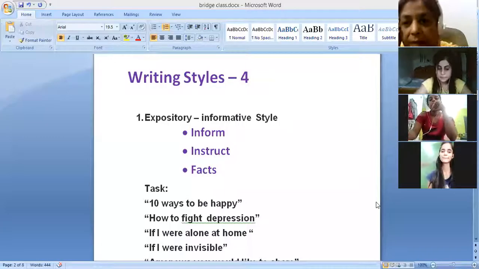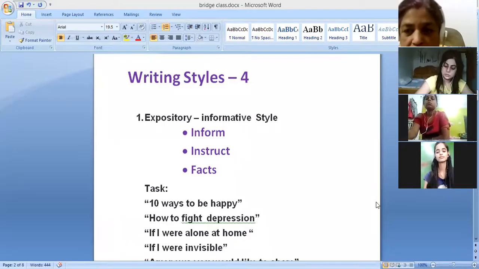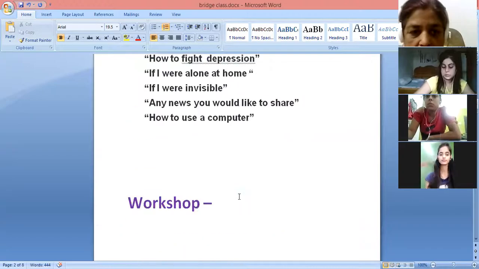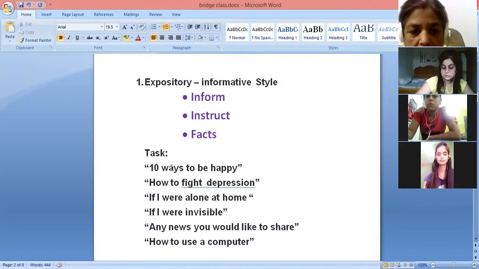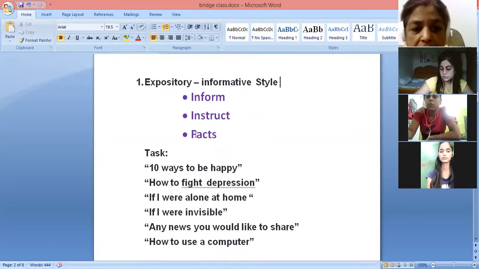So the expository style is a style wherein when you want to inform something, you will use this informative style. When you want to instruct someone, when you have to give instructions, you inform, you instruct, which is based on facts. People use informative style.